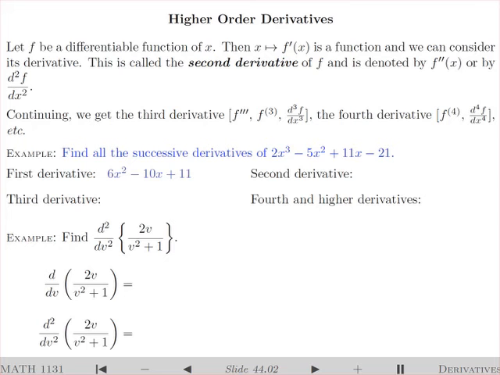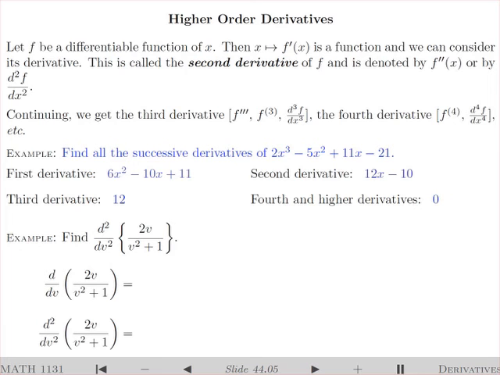The second derivative is the derivative of the first derivative. So the second derivative is the derivative of 6x squared minus 10x plus 11. That's 6 times 2x or 12x minus 10. Third derivative is the derivative of the second derivative. That's just 12. Since it's a constant, the fourth derivative is 0. Of course, once you hit 0, it's 0 from then on.